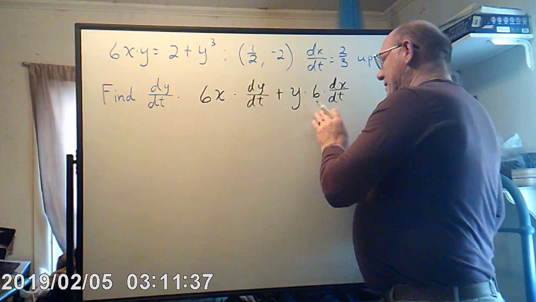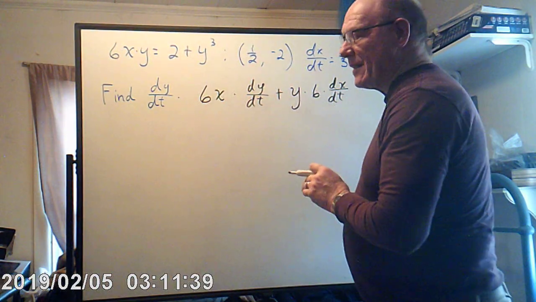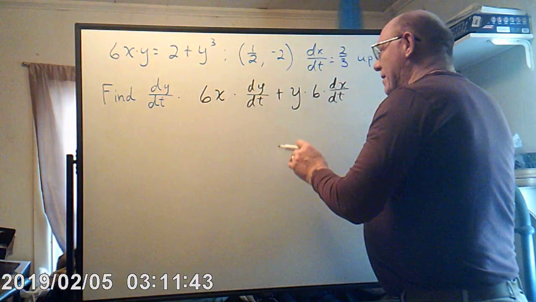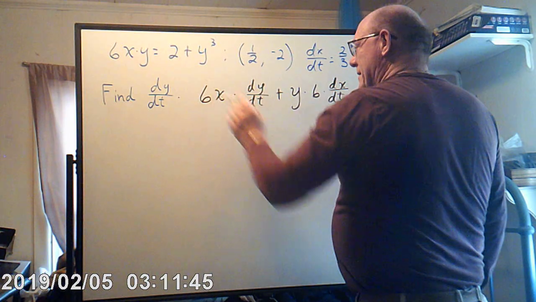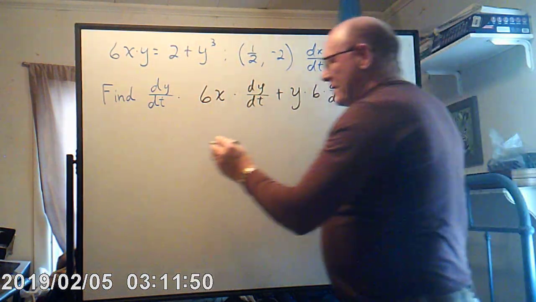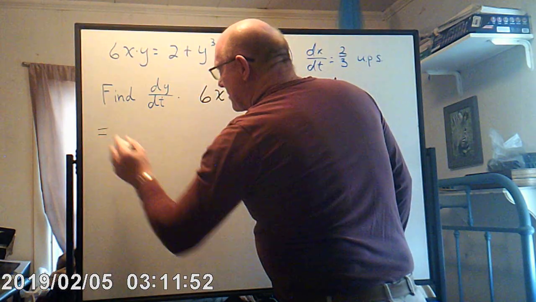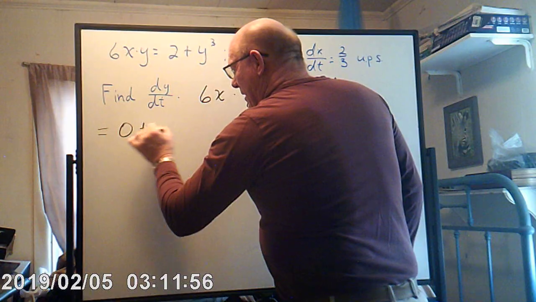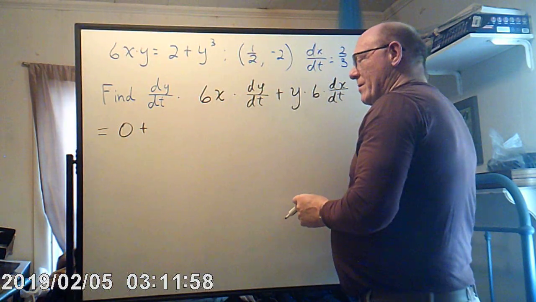If you're taking the derivative of the x, you're going to stick dx over dt there. Okay. Now we have that side there, and it's equal to, let's might as well just put it over here, the derivative of a constant is 0 plus y cubed.